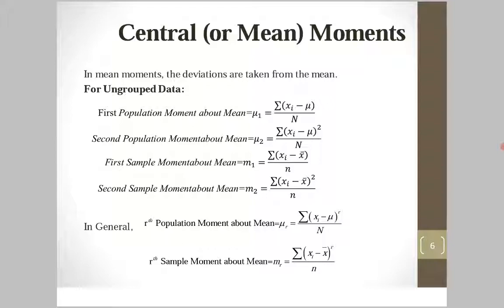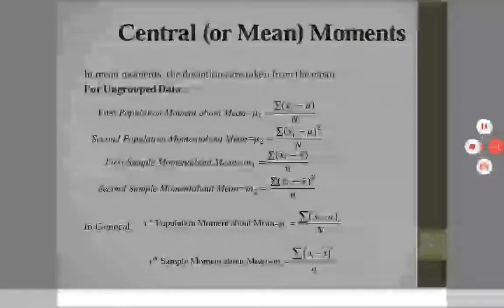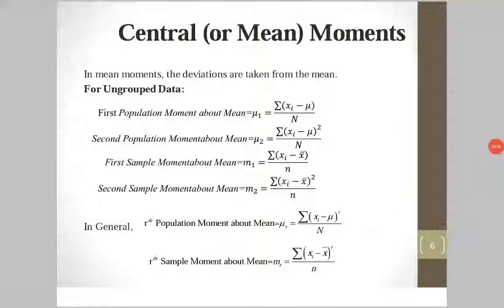The second population moment about mean is mu2 is equal to sigma (xi minus mu) whole square by capital N, where capital N is the number of data items taken. And first sample moment about mean m1 is equal to... So first population moment and first sample moment: there is a difference between these two.